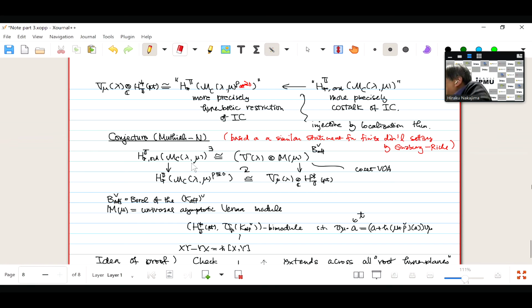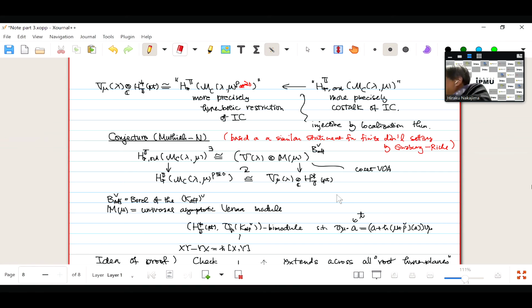And take the invariants with respect to the Borel part of the corresponding Langlands dual Kac-Moody algebra. And this subspace is closely related to the Kac-Moody field. And in that sense, this can be regarded as an analog of AGT at higher level.